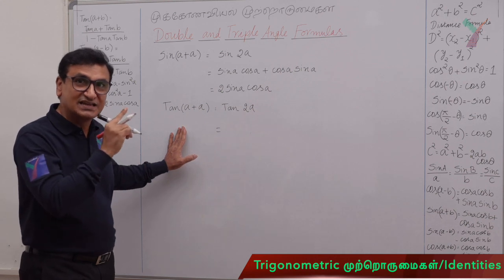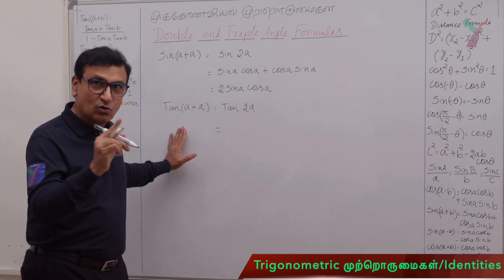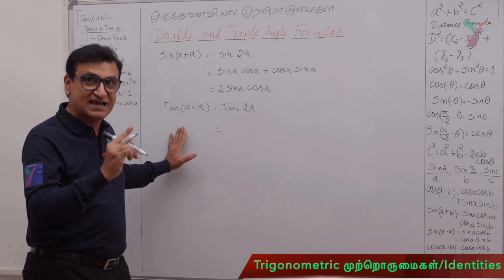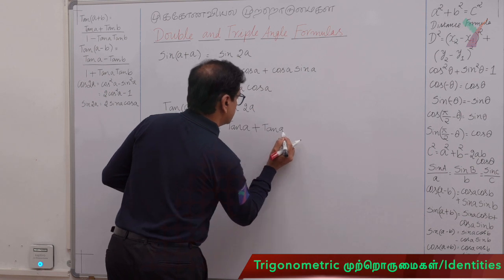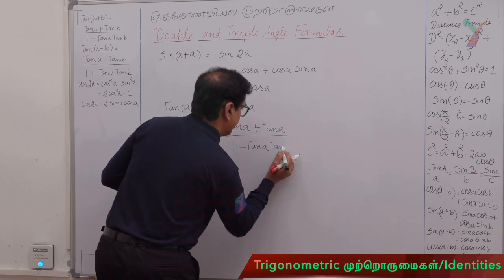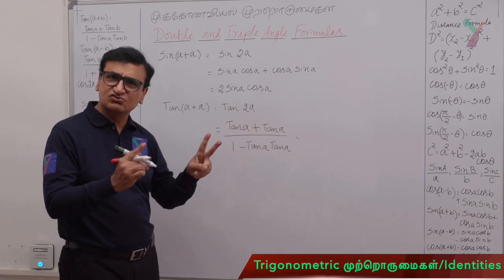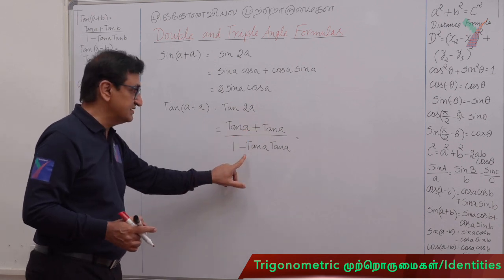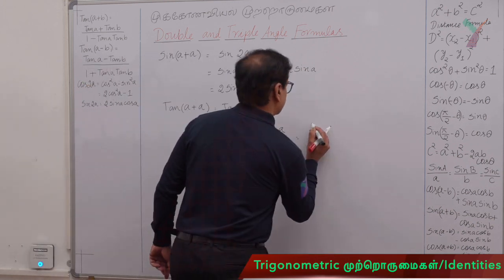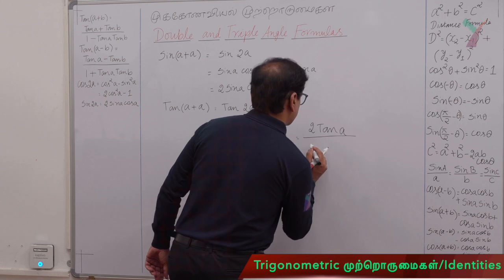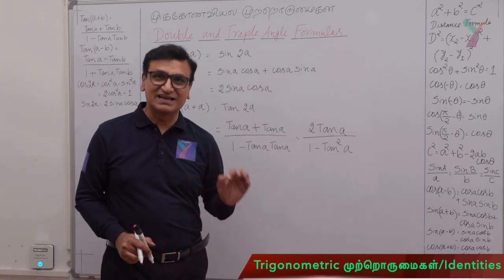So tan A plus A will be tan A plus tan A whole thing divided by 1 minus tan A tan A. So this is 2 tan A, since tan A plus tan A is 2 tan A, and 1 minus tan square A, because tan A is multiplied by tan A. So this is our next double angle identity.